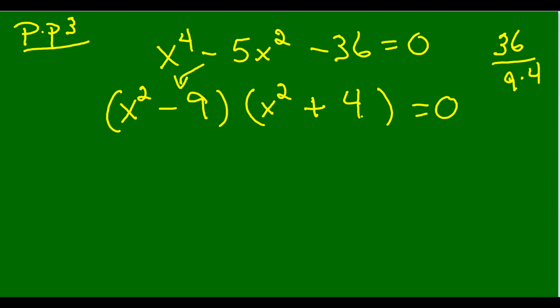And as I move on, I'm reminded that x to the 4th tells me I could have up to 4 answers. And I recognize this x squared minus 9 as being a difference of 2 squares, so I can factor that to be x minus 3 times x plus 3.